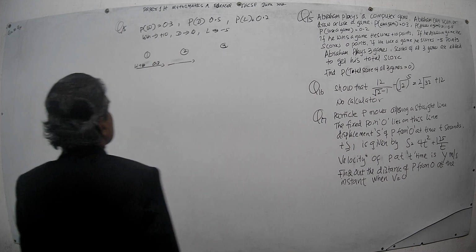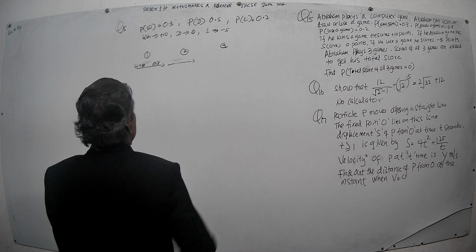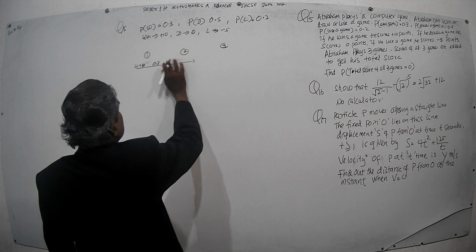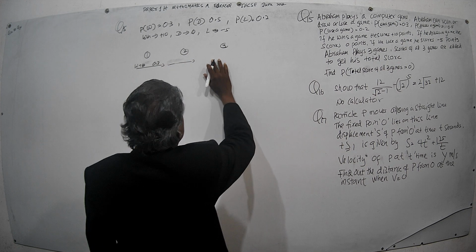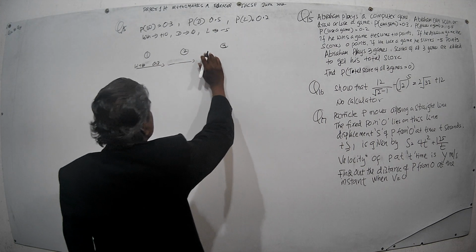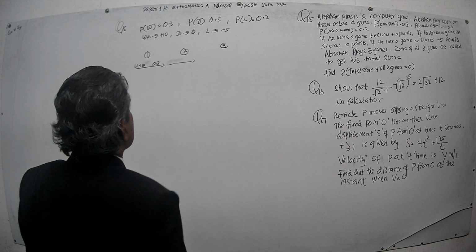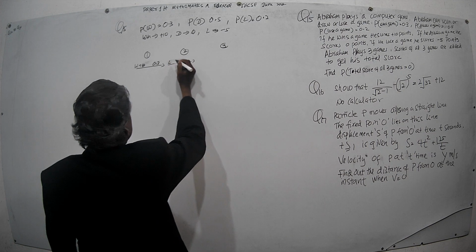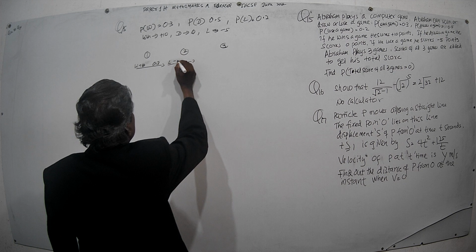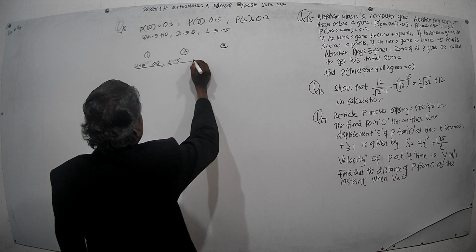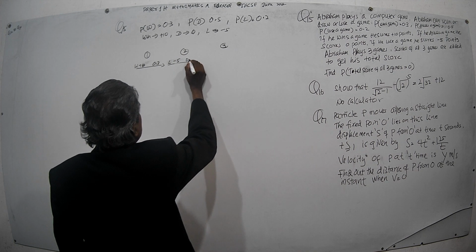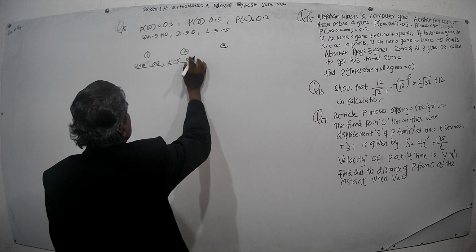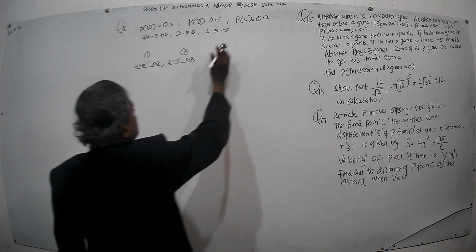Then the other one, not draw actually. By drawing you can't get it. Losing, then here he loses and minus 5, and the probability is 0.2.